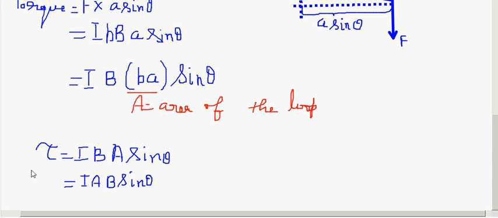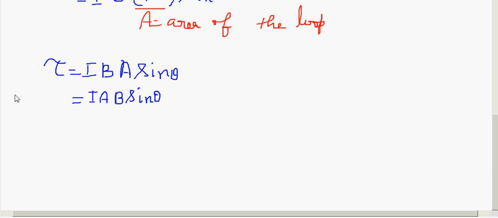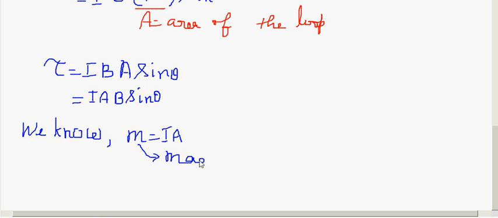And we know I into A, we know m is equal to I into A, where m is the magnetic moment. So here m is the magnetic moment. I into A is the magnetic moment.